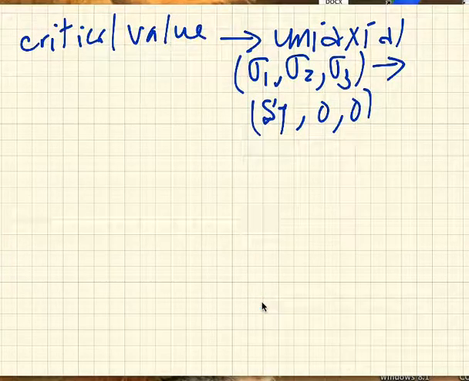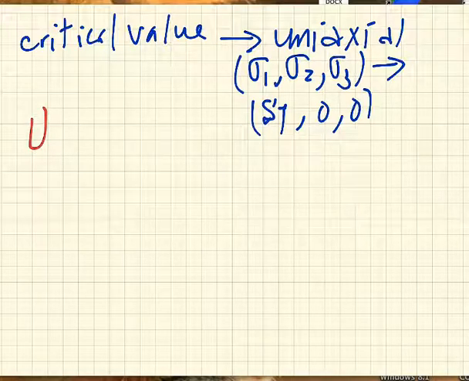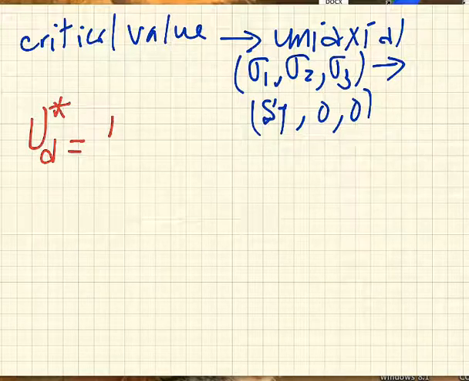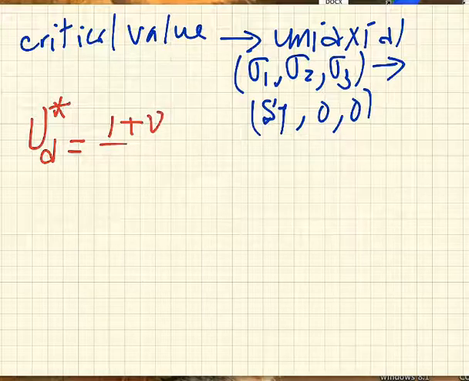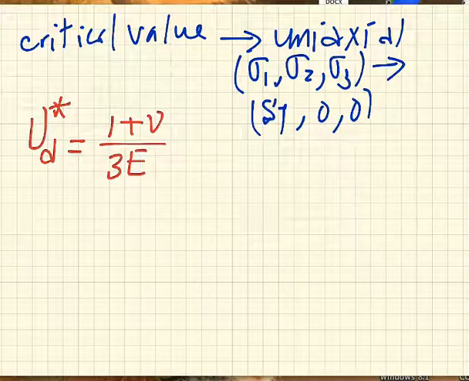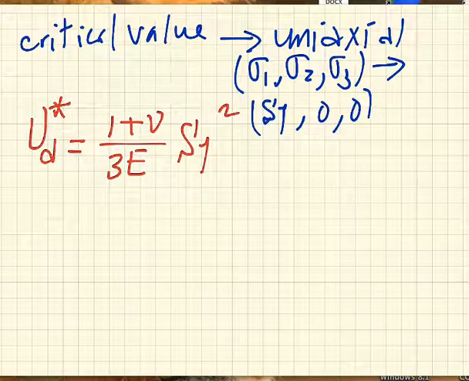Having done that, we find that the critical value is given by the following. We're going to write it down here. U distortion star, because this is critical, is now equal to (1 plus nu) over 3E times S yield squared.